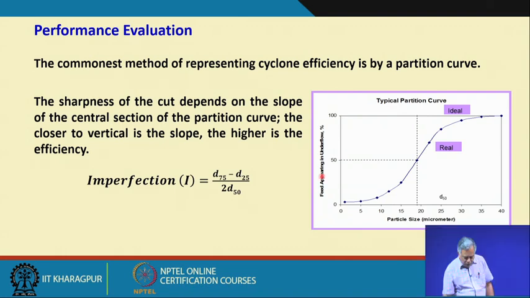So, we have to look at each particle class, how much difficulty they have faced. So, in that case what do we do? That is your feed appearing in underflow percentage. That means, what percentage of a particular size class was in the feed, and out of that how much we have got in the underflow.